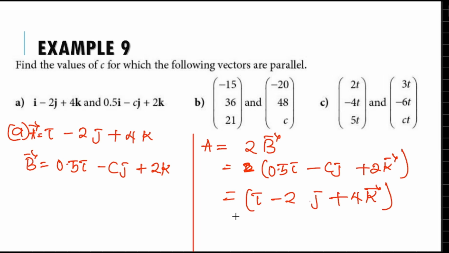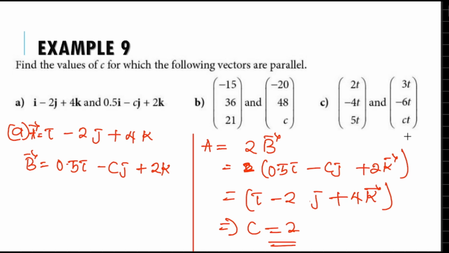So c is going to be equal to 2. Yes, okay, so c equals 2, because if we divide the first vector by 2, we are going to get the second vector basically.